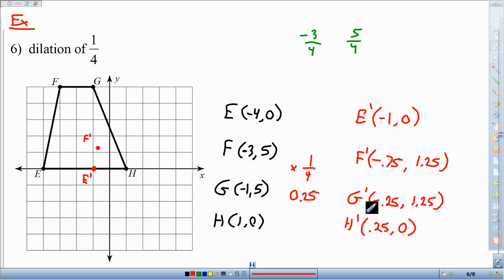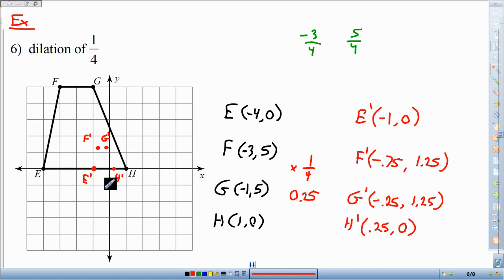Okay, G prime, to the left 0.25. So to the left 1/4. So about there. And then up 1 and 1/4. There's G prime. And H prime, to the right 0.25. So to the right 1/4. And then up 0. So right about there.